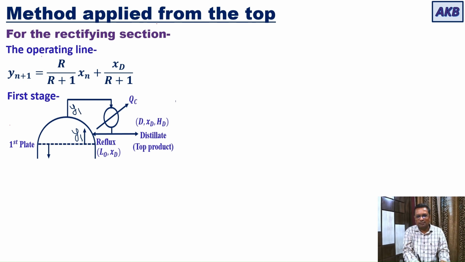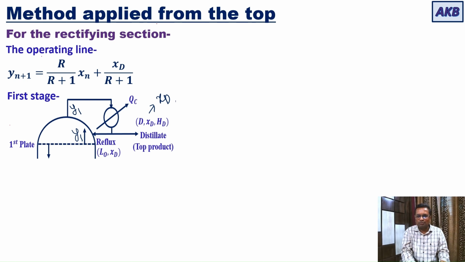And then the vapors, after going to the condenser, will be condensed and you are going to get the distillate and the reflux. The mole fraction of the more volatile component in the distillate is XD. In the condenser, you are just changing the phase. Vapors are converted to liquid. The vapor phase is converted to the liquid phase.